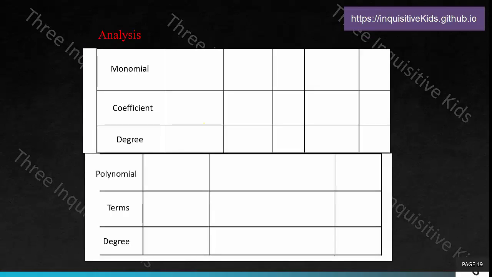So this is our analysis here. We're organizing all the knowledge and concepts we have so far about monomials and polynomials. Our first monomial is negative 1/2 a squared b. So the coefficient would be negative 1/2 and the degree would be 3.